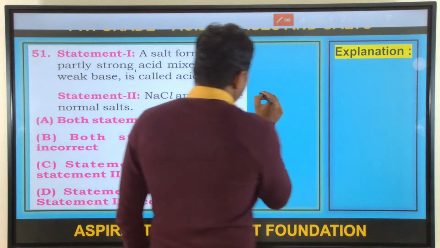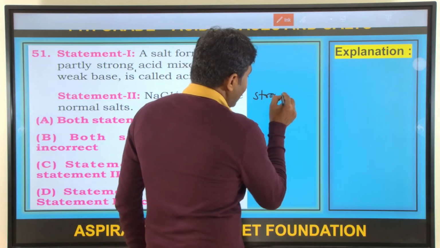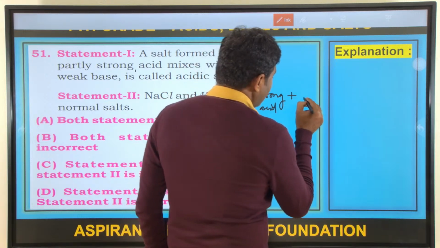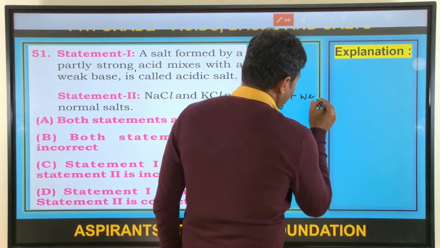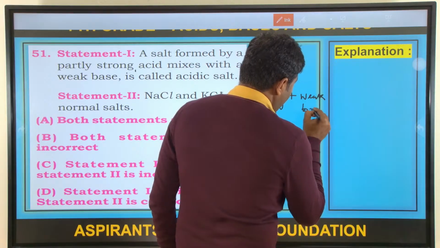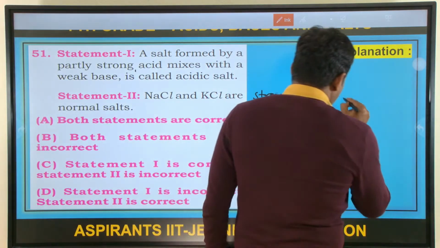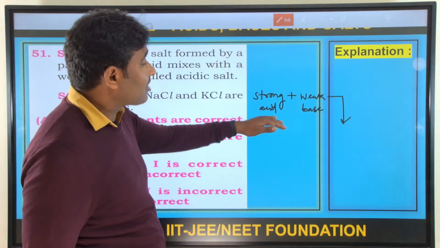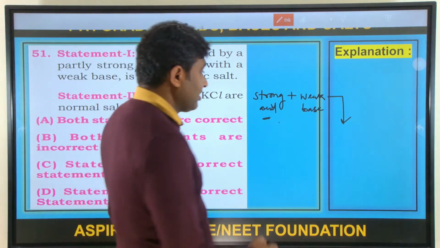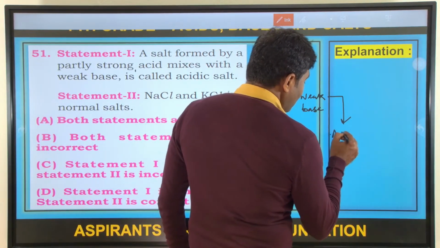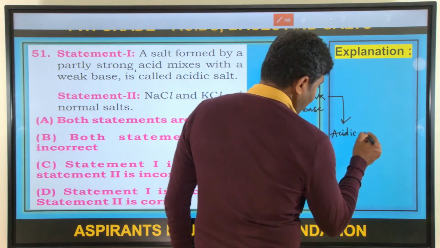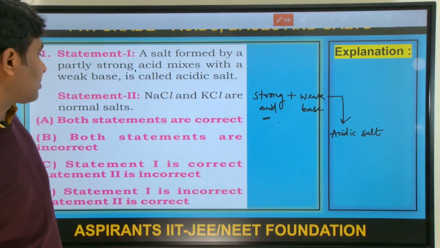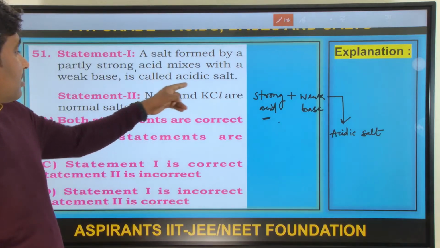Because here a strong acid is treated with a weak base. That means the acidic character is not completely neutralized by the base. So therefore, the resultant salt is acidic.